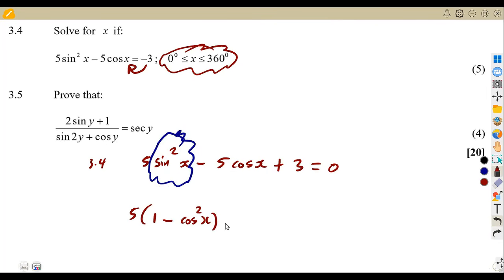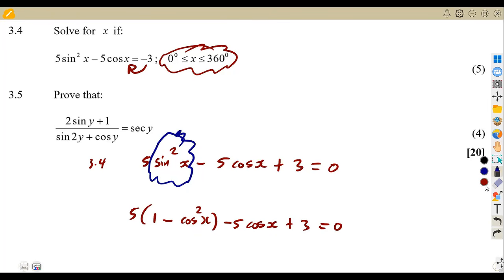All right, the rest is going to remain as it is, minus 5 cosine of x plus 3 is equal to 0. So we just wrote what is equal to sine squared x, but in terms of cos x. So now we also have a cos there. So it can be solved. If it was easier for you to change this cos to a sine, you would work from there. But as you can see, it's very, very complicated there.